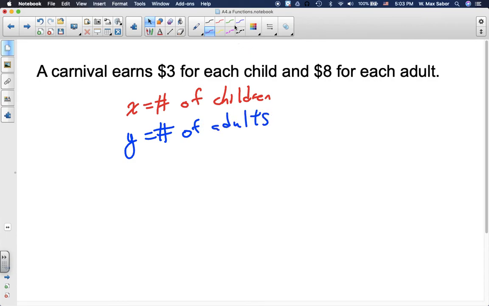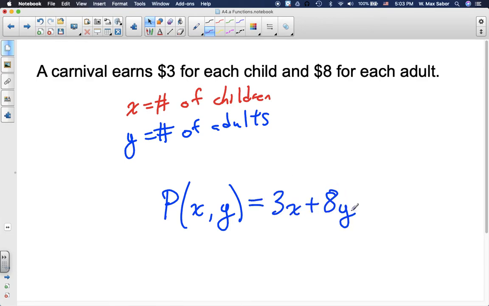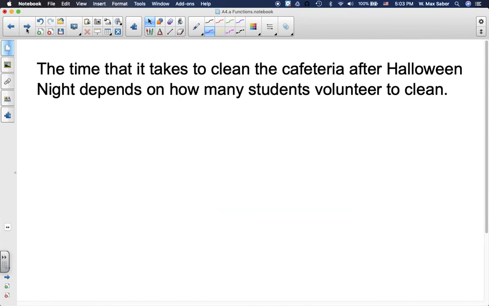And you could name a function, okay, the profit is based off of the number of children and the number of adults, which is 3 times the number of children plus 8 times the number of adults. We rarely see this where you take in two input values, but you can have functions that take in a point as an input. This is very rare that you'll see this in Algebra 1.